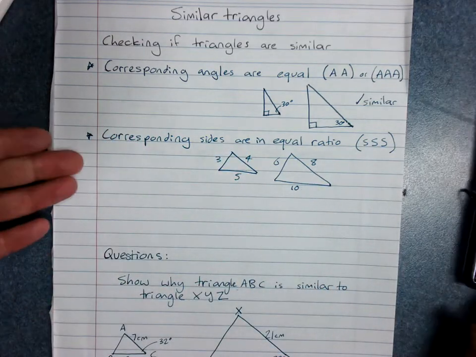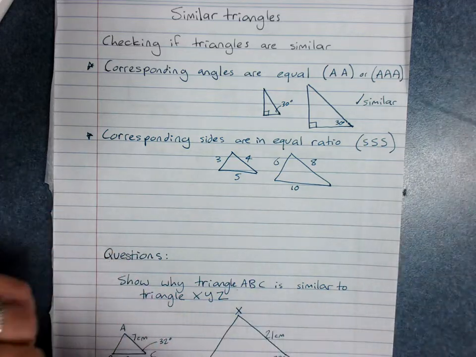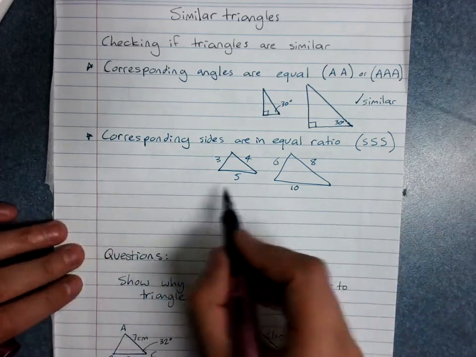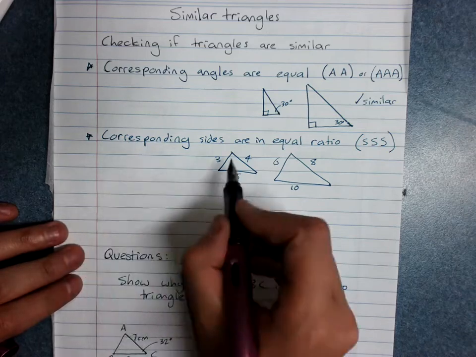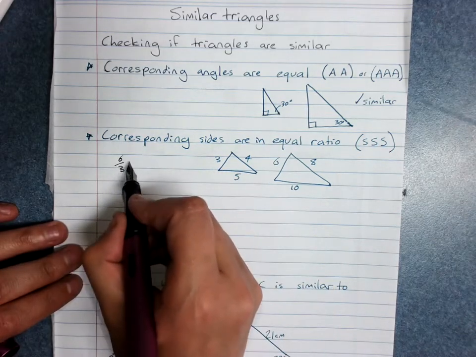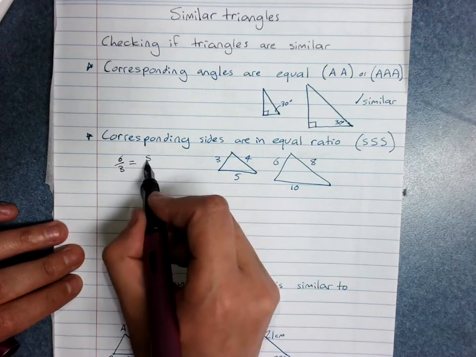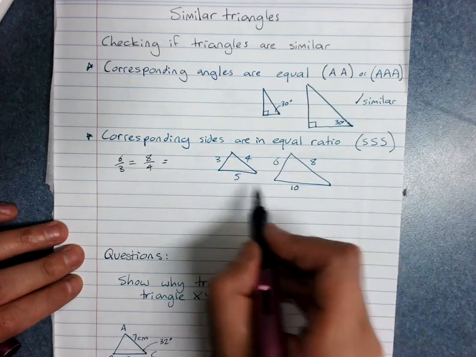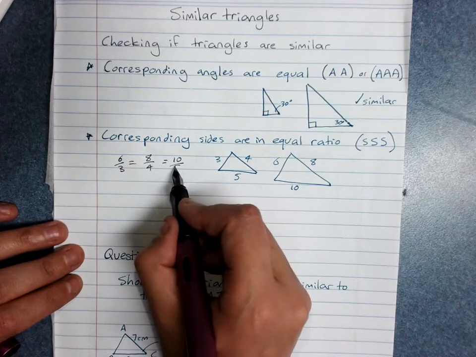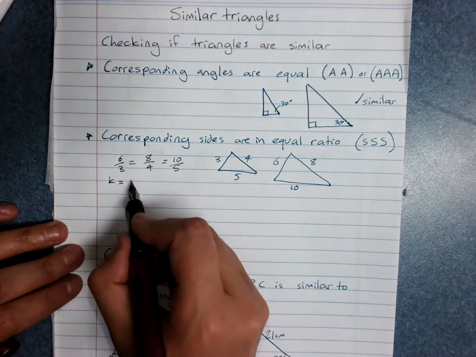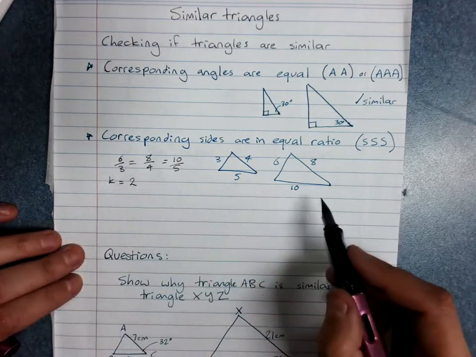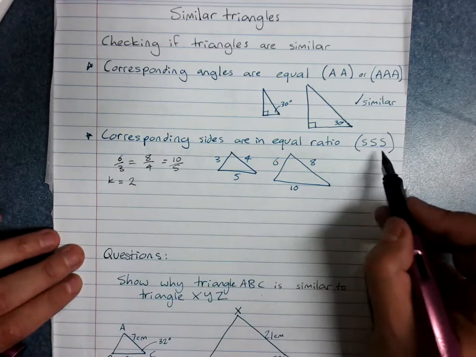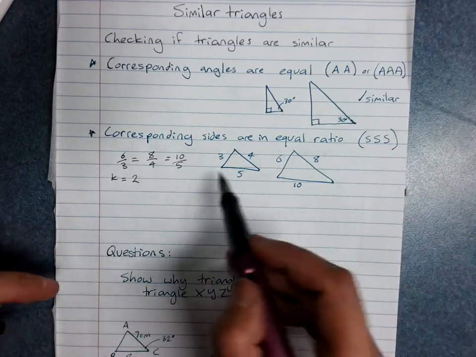Now, if you were asked to show that these are similar, you would check the ratio. That 6 divided by 3 is the same as 8 divided by 4. It's the same as 10 divided by 5. So K, the ratio, equals 2 for all of those. So the side, side, side rule tells you that these are similar.